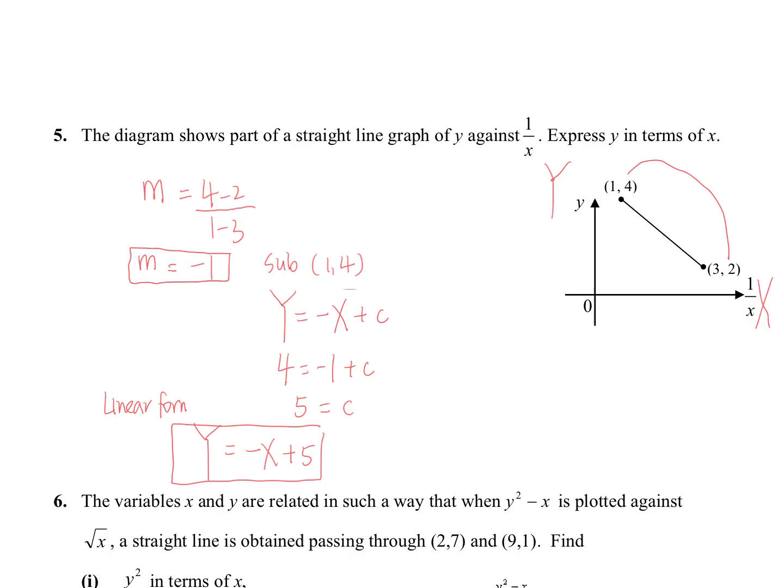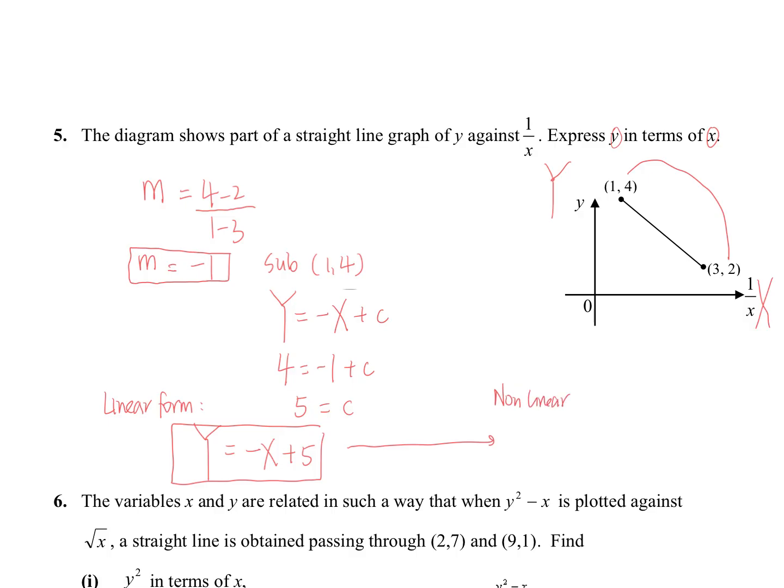Can we just use the even bigger Y equals? Can. Also can, even bigger X? Can. So this is my linear one. But now the question says use your small x and small y and get back into the original curve. So I'm going to go back into my non-linear form.